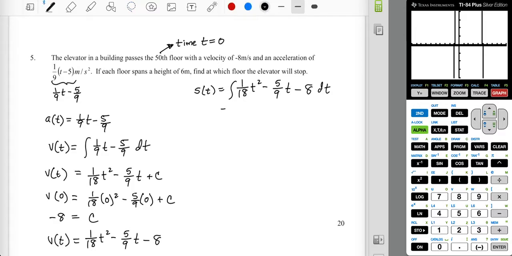Increase the exponent by 1, divide by the new exponent, so 1 over 54 t cubed minus 5 over 18 t squared minus 8t plus c. That's my s of t.